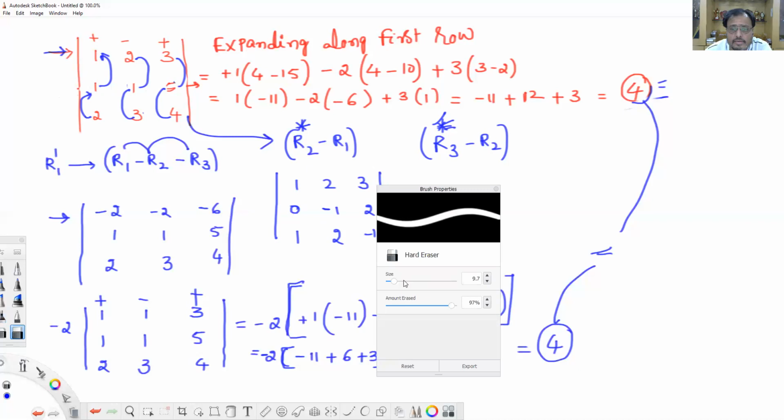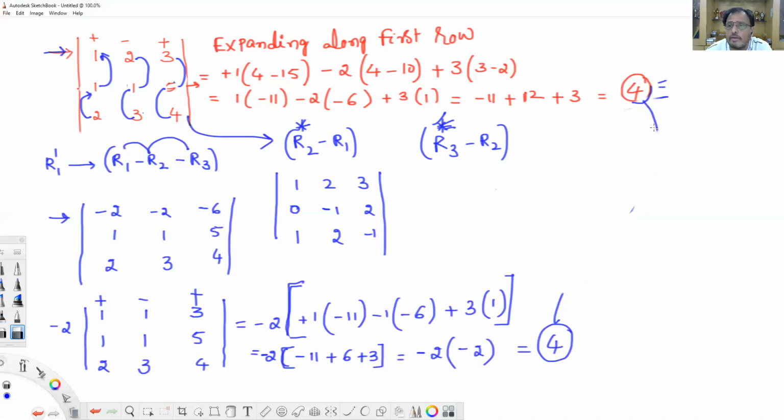Once again, you expand this, you will come to know. The first time we already got the answer 4. So you can subtract, you can add, you can multiply. Again, you expand this one, plus, minus, plus. So my dear students, once again I'll expand fast.